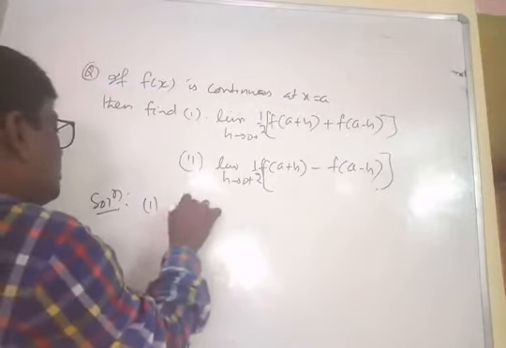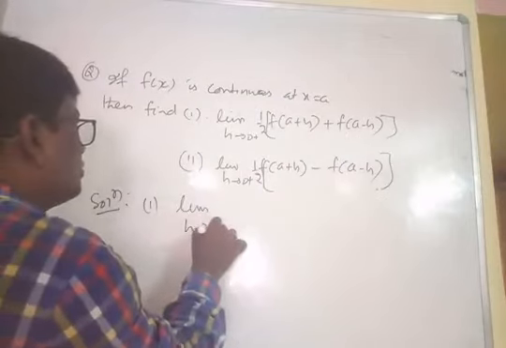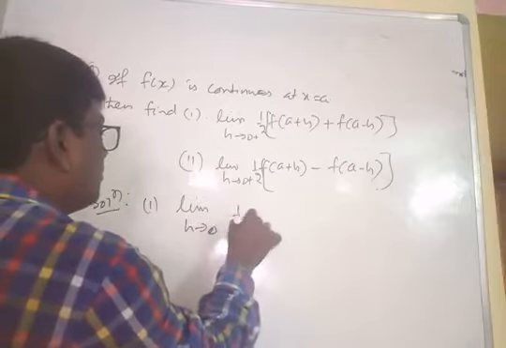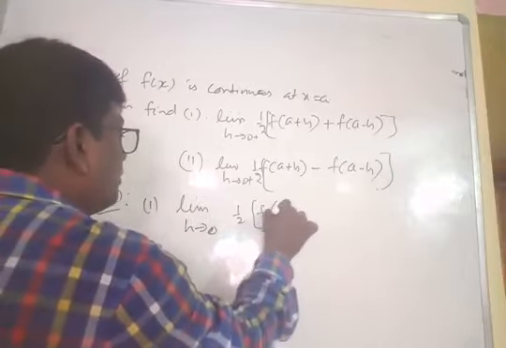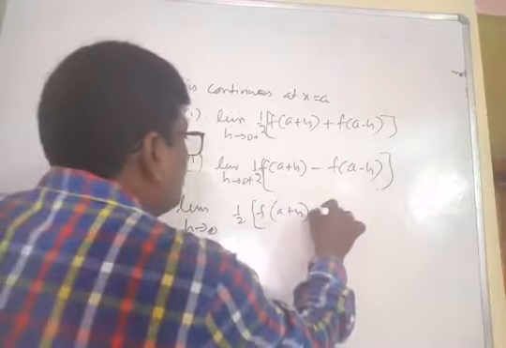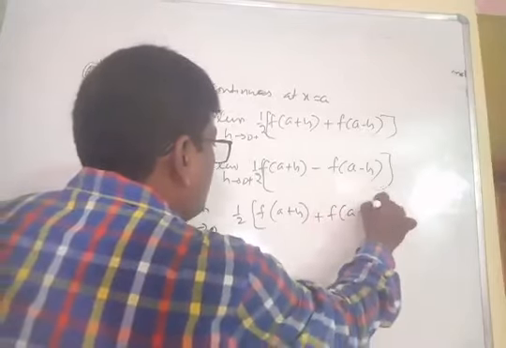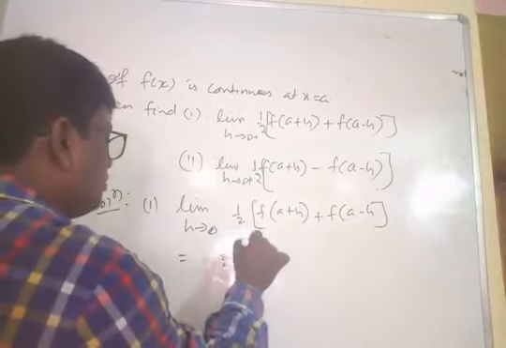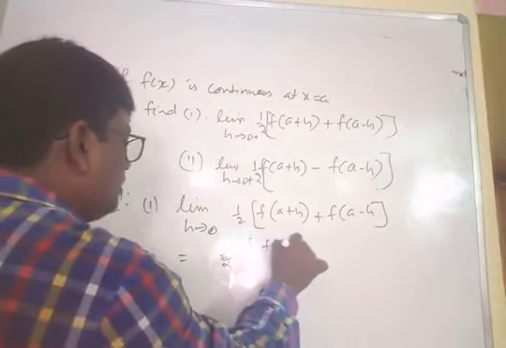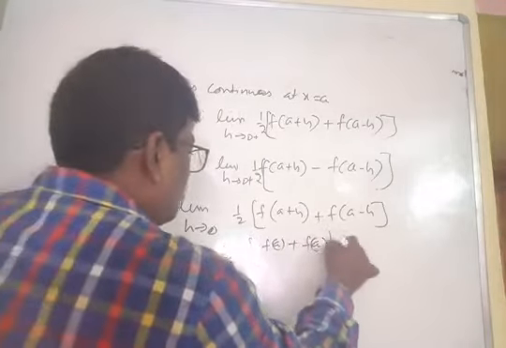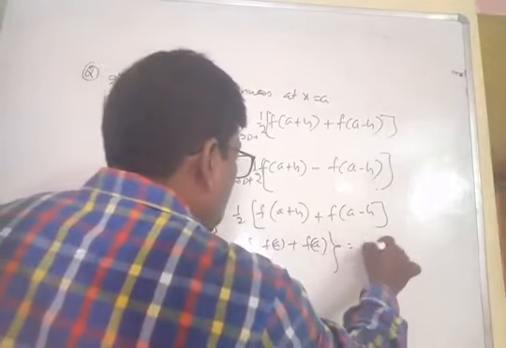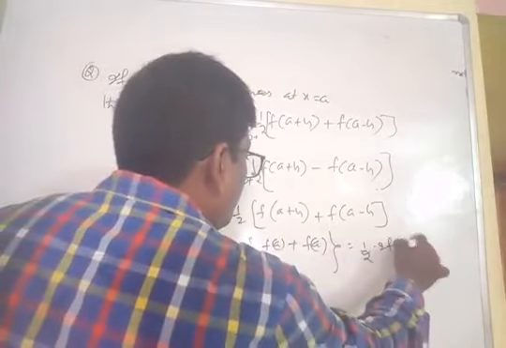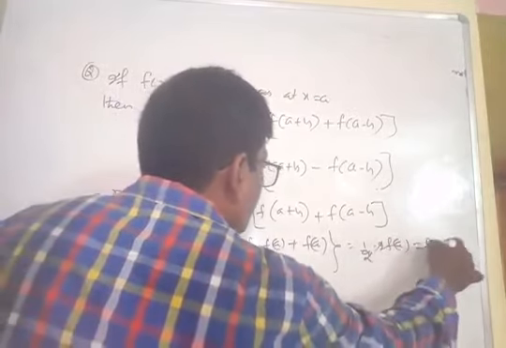Number 1, limit h tends to 0 half of f of a plus h plus f of a minus h. Put h is equal to 0 here: 1 by 2 into f of a plus f of a, that is equal to 1 by 2 into 2 f of a, which is f of a.